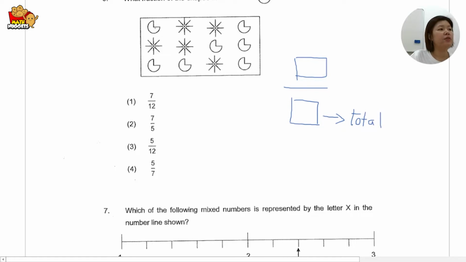Okay, so let's find the total. 1, 2, 3, 4, 5, 6, 7, 8, 9, 10, 11, 12. So this is 12. They want this Pac-Man shape. It will be 1, 2, 3, 4, 5, 6, 7. I can't reduce to simplest form. So answer will be number 1, 7/12.